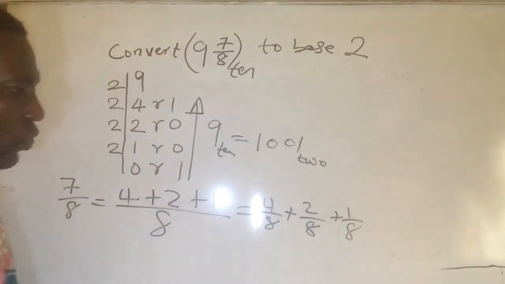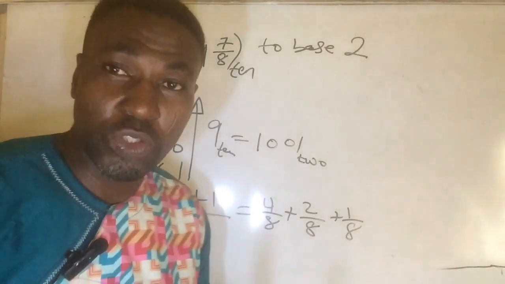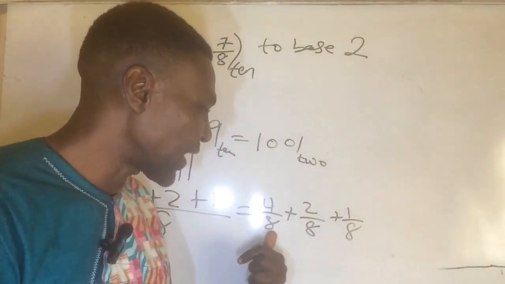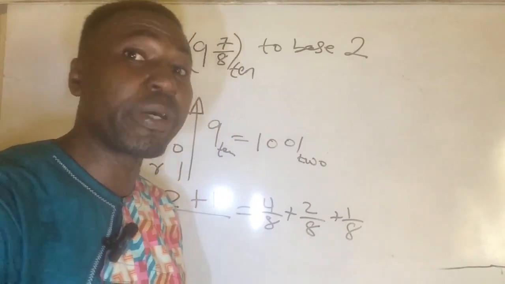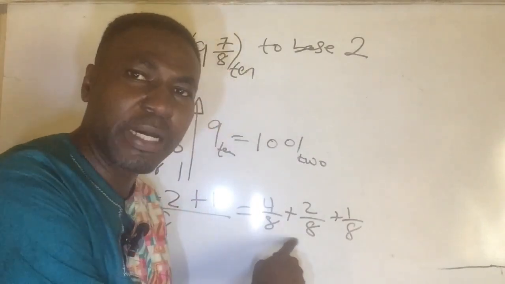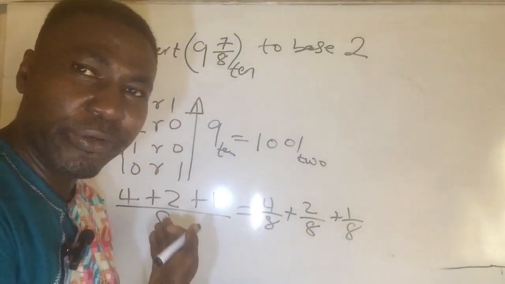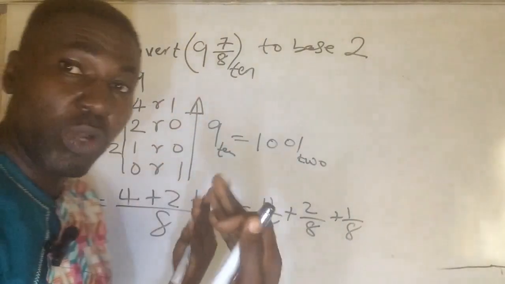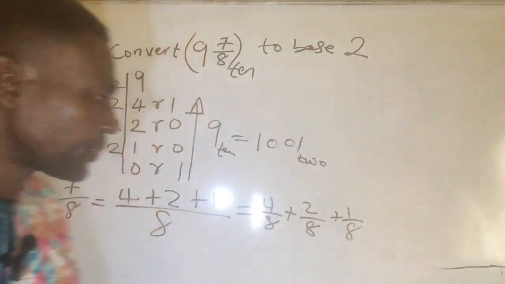Now this is the main point I want to get. I will make a way to get 2 here. That is the main point because we want to convert this number to base 2. So our effort is trying to make this denominator 2. So you break your numerator in a way that will enable you to work with the denominator to get 2.